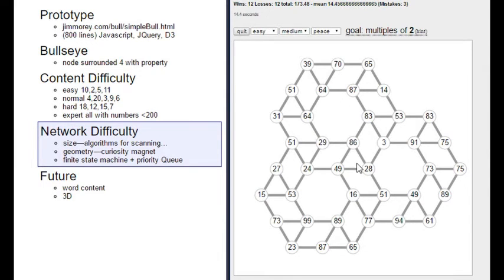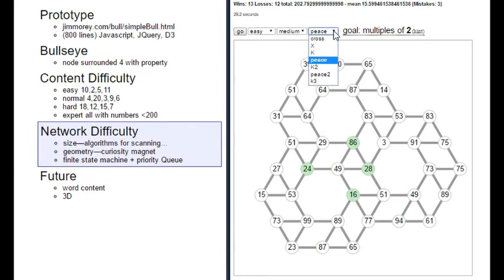A search algorithm becomes not entirely trivial. In fact, you can see I'm struggling to find this one quickly, and it's right in the middle there. This is why I'm calling it the curiosity magnet: by being able to change these, you can get into some interesting patterns.